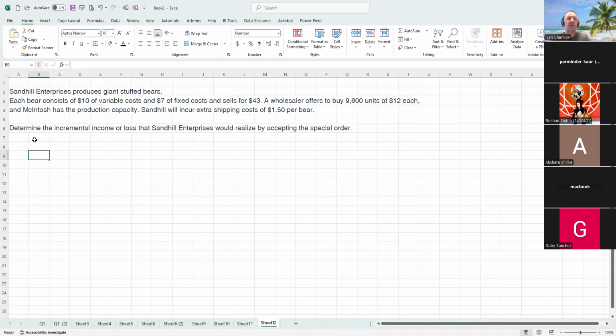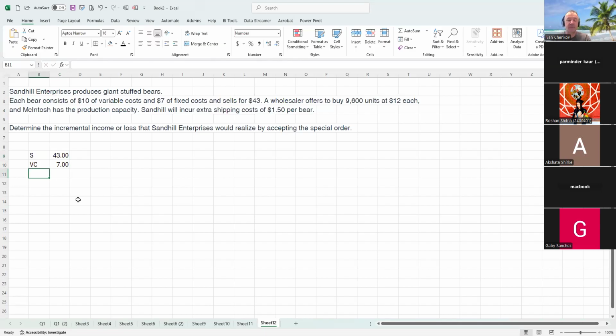I have to determine the incremental income or loss if I accept this special order. What do I need? The normal sales price is 43. Variable cost is 10.